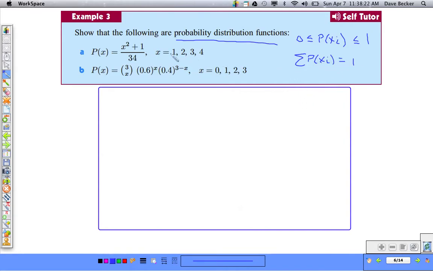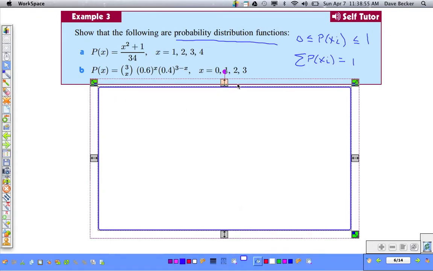Basically, we just have to replace x, each value of x, into this function and get each individual value. For example, if I replace x with 1, I'm finding the probability that x is equal to 1 if it's a probability distribution function. If I replace x with 3, I'm finding the probability of a randomly selected event, whatever these represent, being 3. It could be 3 magazines like we had before.